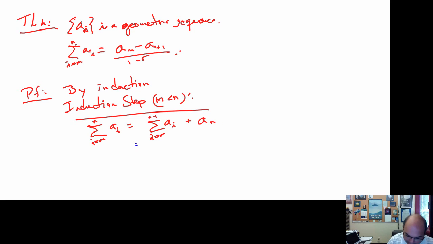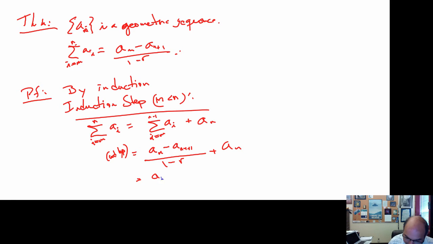And now we can use the induction hypothesis here, because this sum we know is actually a sub m minus a sub n minus 1 plus 1, which is just a sub n, divided by 1 minus r, and we have to add to that a sub n.